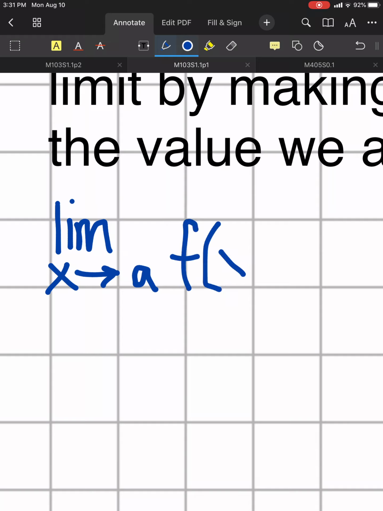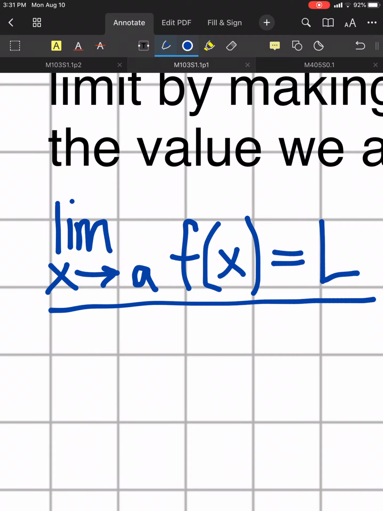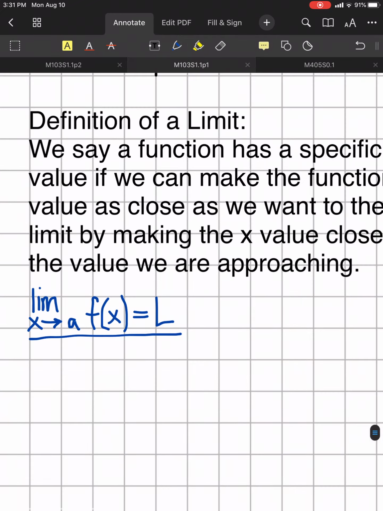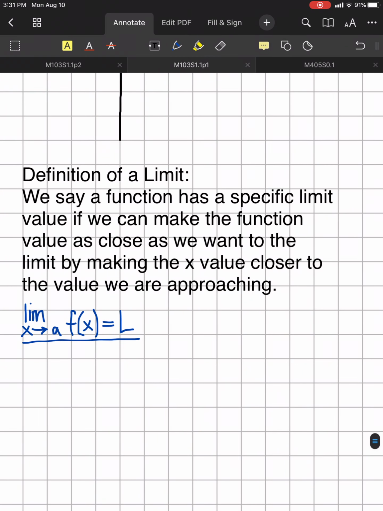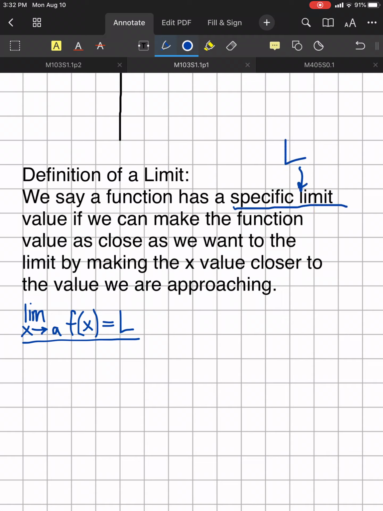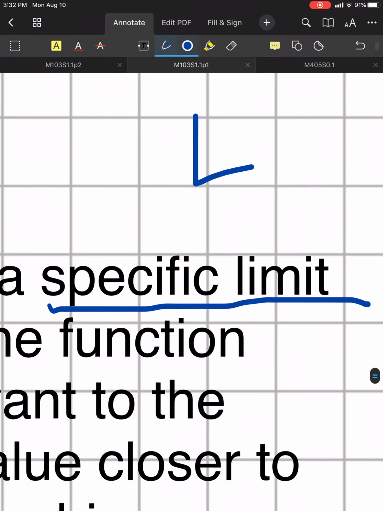So let's see how we would write this out. We would write the limit as x approaches a of f(x) equals L. So, in terms of what we've written here, the limit value that I'm talking about right here, this is what we mean by L. So this is our L value.